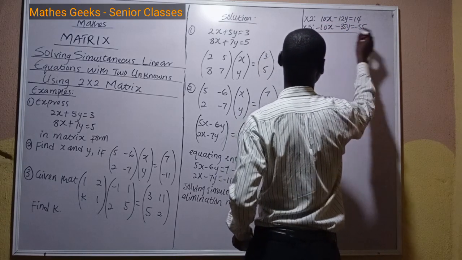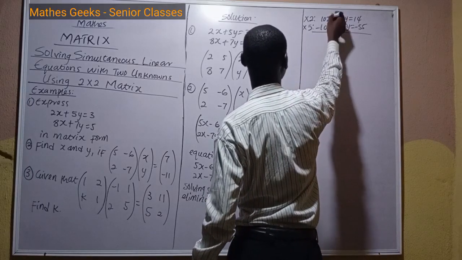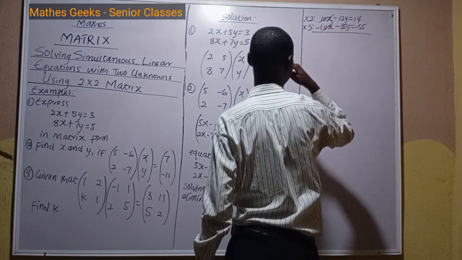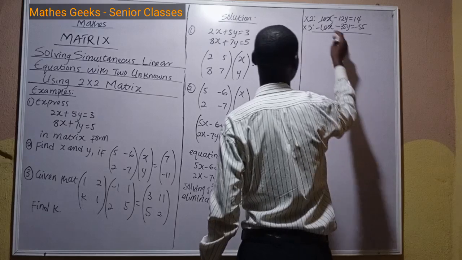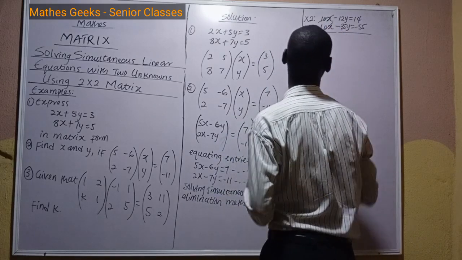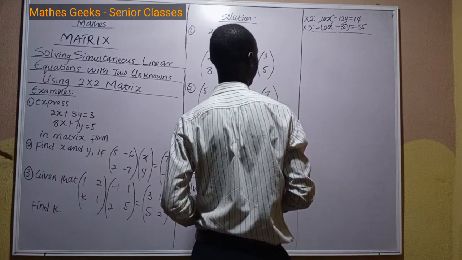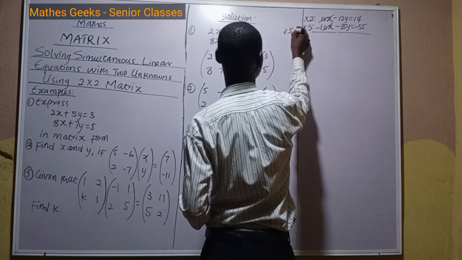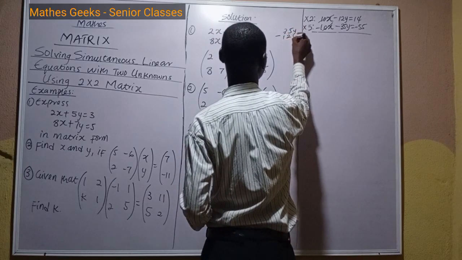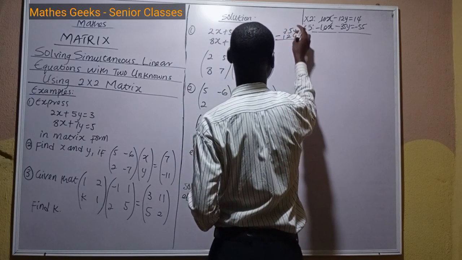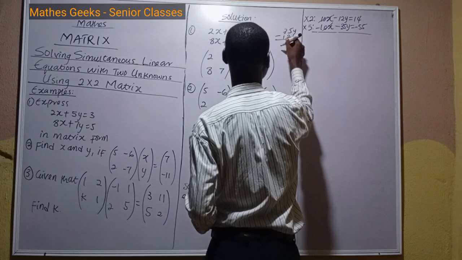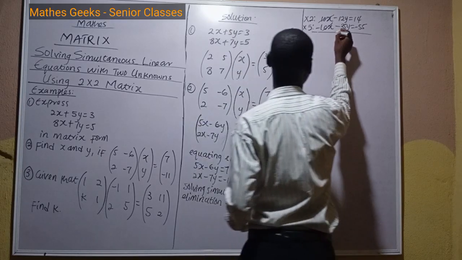When I subtract these two, 10x minus 10x gives me 0, so x is eliminated. Minus minus is plus, so 35y minus 12y gives 23y.